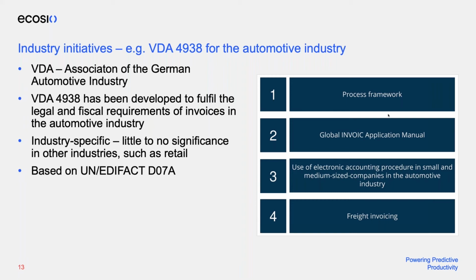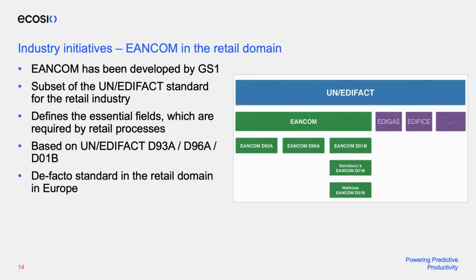D07A. The same or similar initiative exists in the retail industry. There it is called EANCOM, that has been developed by GS1, so Global Standards One, a global standardization organization, most commonly known for standardizing all the barcodes, which you can find on an everyday product.